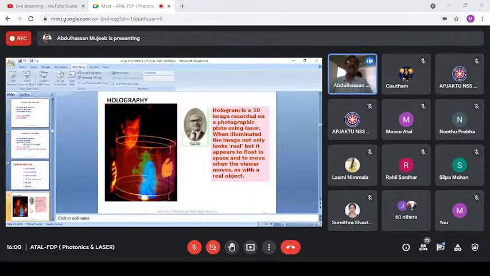Now, let us discuss holography. Holography was first invented by Dennis Gabor. Actually, a hologram is a 3D image recorded on a photographic plate using a laser. Holography is a very interesting optical phenomenon which has fascinated other researchers too. Computer science students work on holography as a memory storage device.